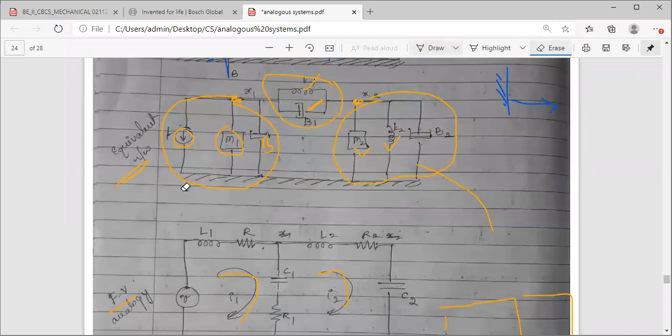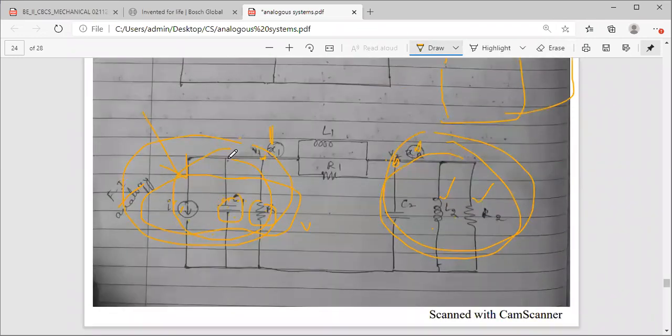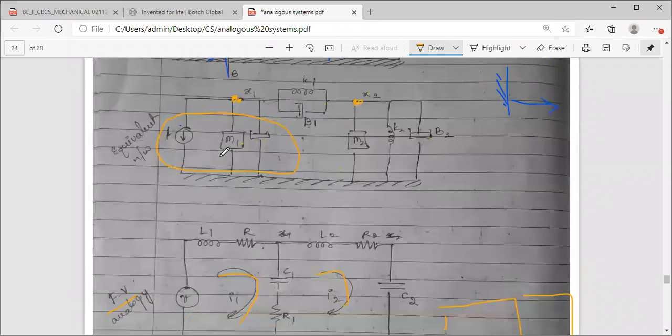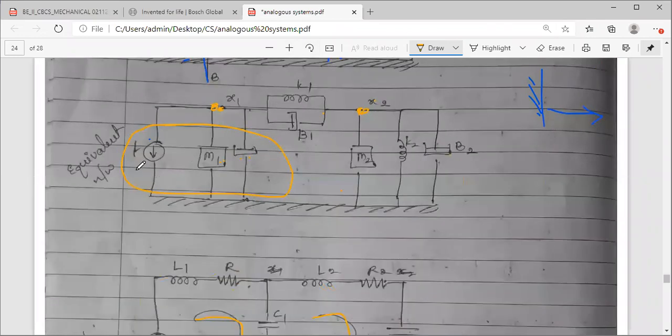So again, for that I will refer to the equivalent mechanical network which we have drawn. Coming to these three elements which are connected in parallel, the same things are there here. These three things we have replaced. Now go to the table. In the table, you check what is the equivalent of force, mass, and damper for force voltage analogy. Not the current, because now we are working in force voltage analogy.